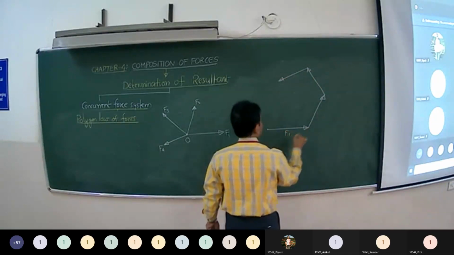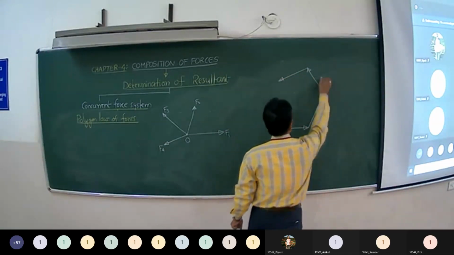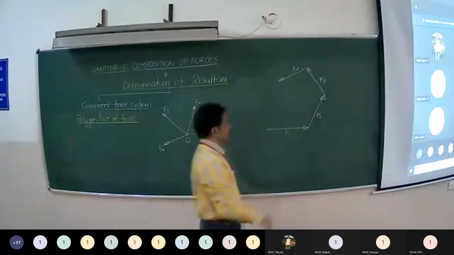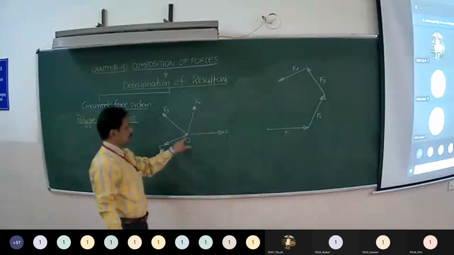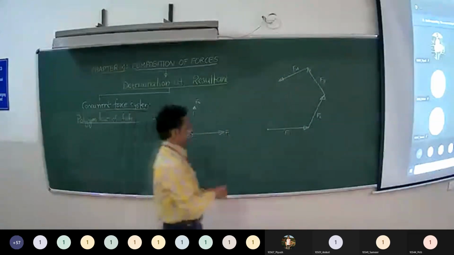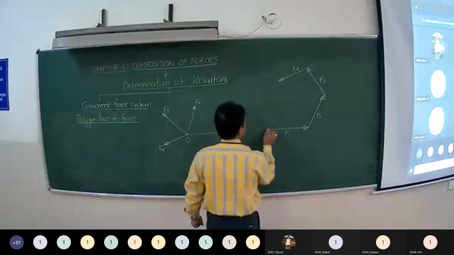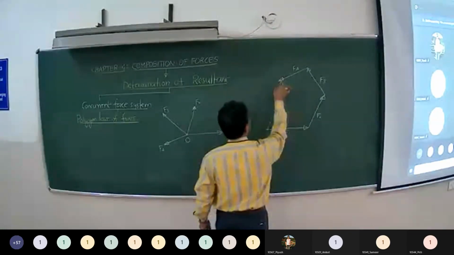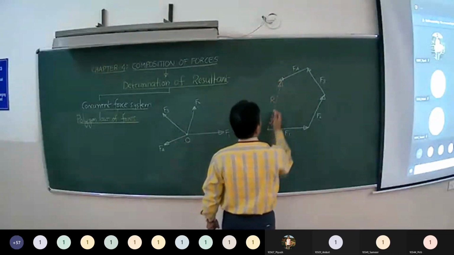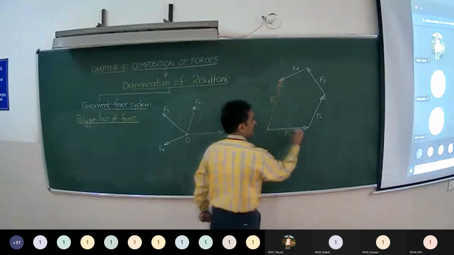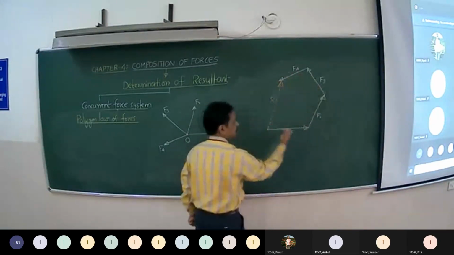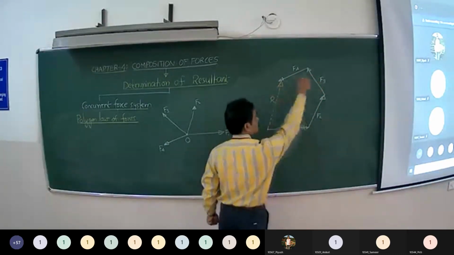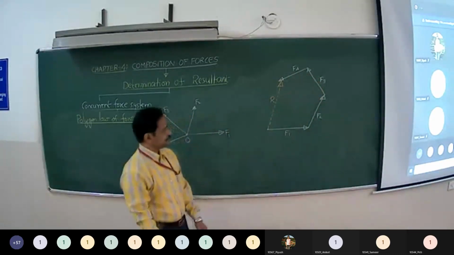So it is F1, F2, F3, F4. Then the resultant of these forces is represented in magnitude and direction by the closing side of the polygon taken in the opposite order. So our usual order is anti-clockwise, but the resultant is to be taken in closing side clockwise.